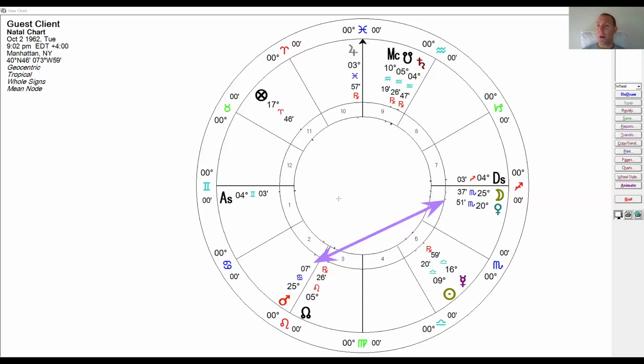We don't want to ever whitewash a chart and take out what the clear signs of difficulty or challenge might be, but we also don't want to paint those challenges as if there are not virtues and blessings contained within them. So we see Mars as the dispositor in its fall in the second house.